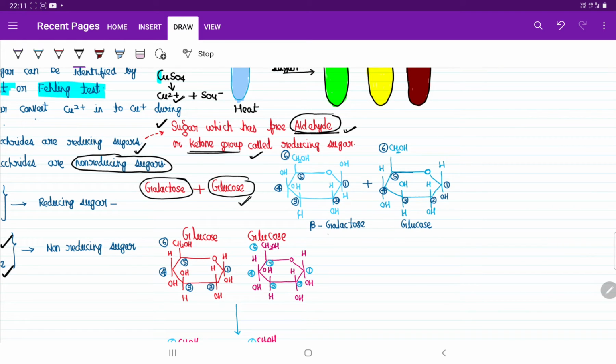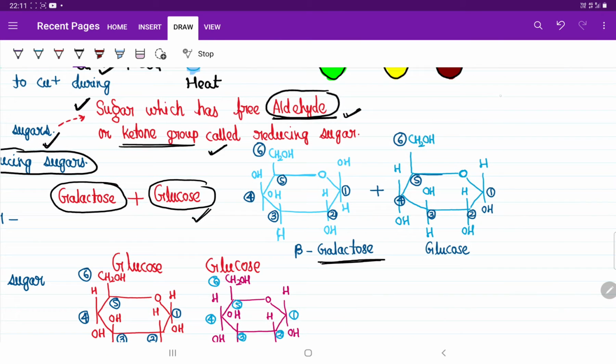The first carbon of galactose, obviously an aldehyde group, reacts with the fourth carbon of glucose. I think you all have a basic idea of the nomenclature of organic compounds.